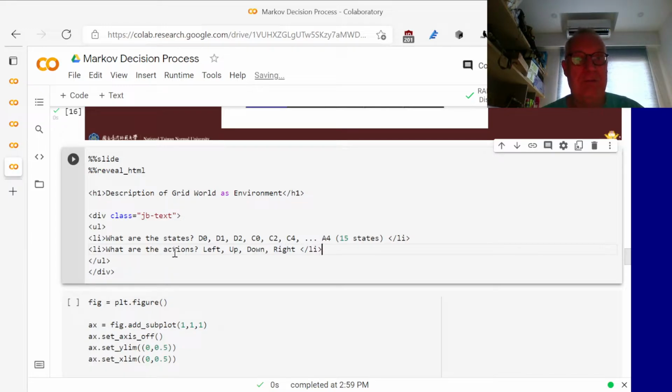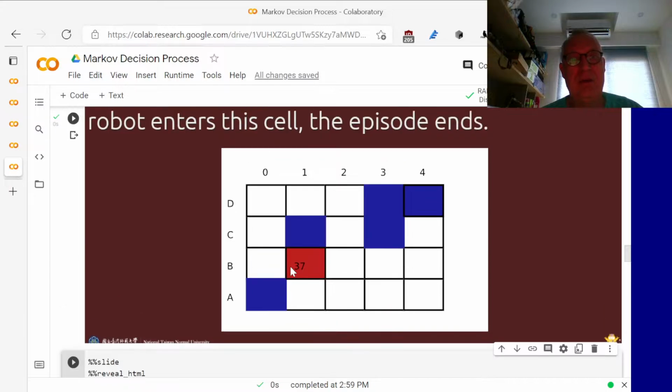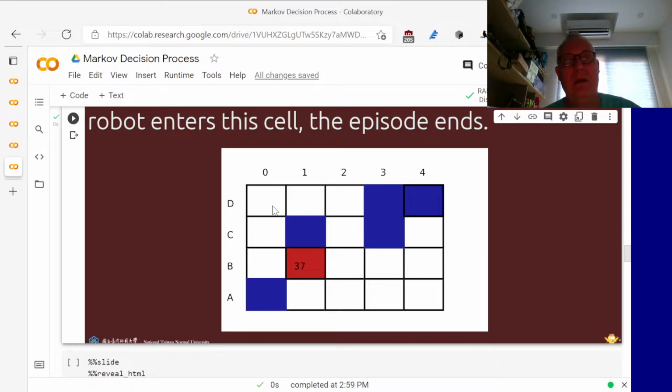Now, some of them, it sort of depends on how you want to model that. Of course, not every cell can execute all of the actions successfully. So, for example, if I'm in C2, then the only thing I can do is go up or go down. I cannot go left because it would hit an obstacle, and I cannot go right because I would end up hitting an obstacle.